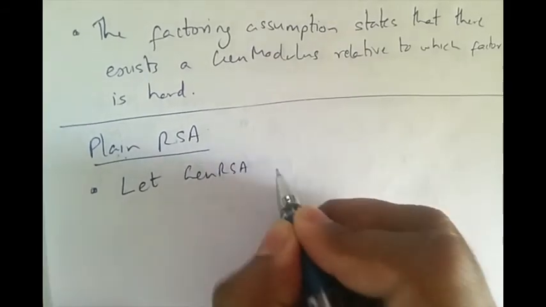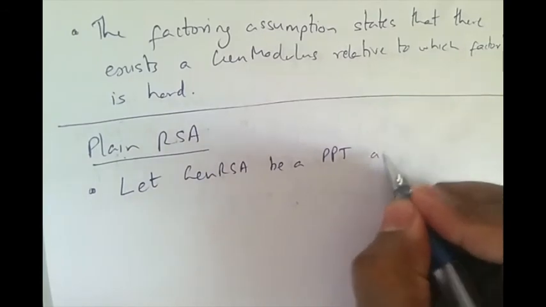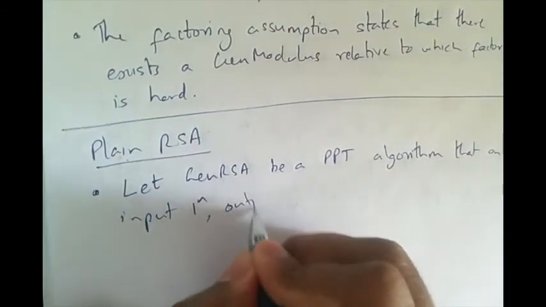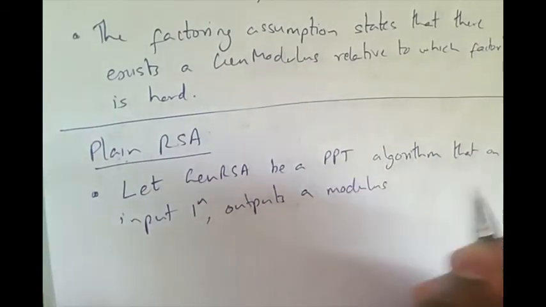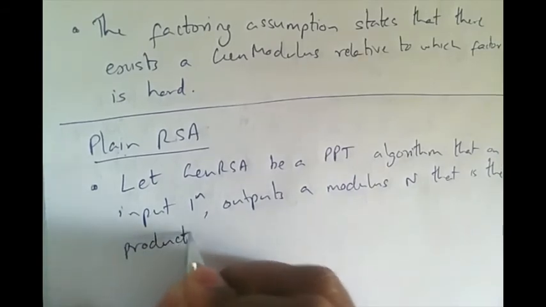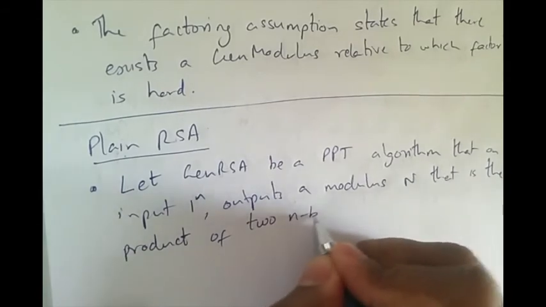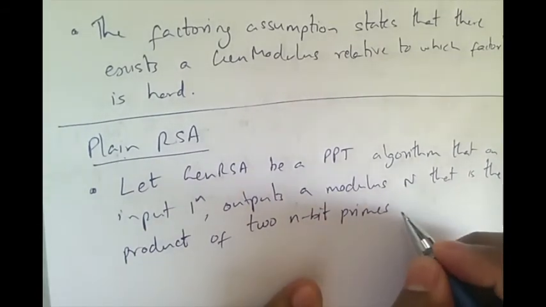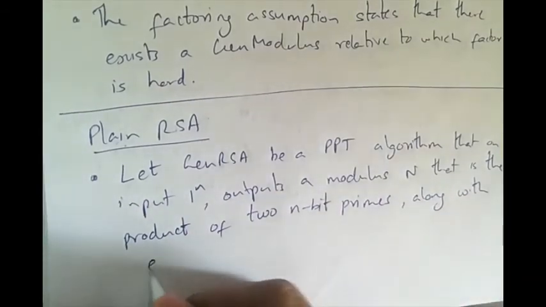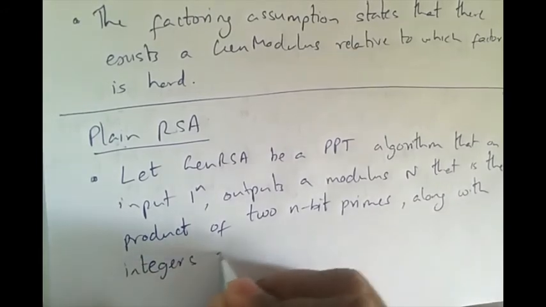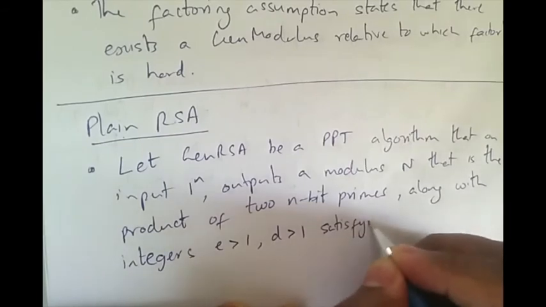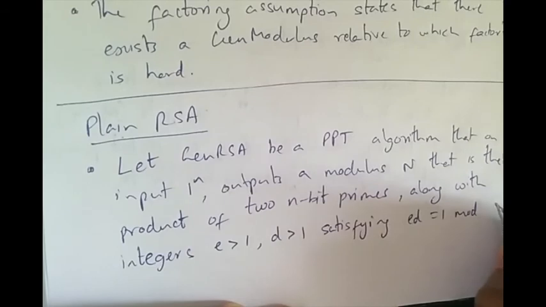Let Gen RSA be a PPT, probabilistic polynomial time, algorithm that on input 1^n outputs a modulus N that is the product of two n-bit primes, along with integers e greater than 1 and d greater than 1, satisfying ed equals 1 mod phi of N.